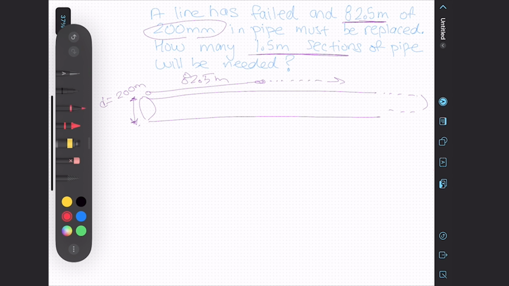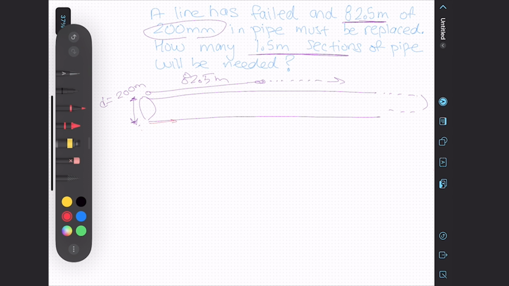Now, in case you don't know this, for long pipelines, whether it's carrying water or oil or gas, they don't come in kilometer sizes, they come in sections and then they're welded together. So in our case, they're coming in sections of 1.5 meters.